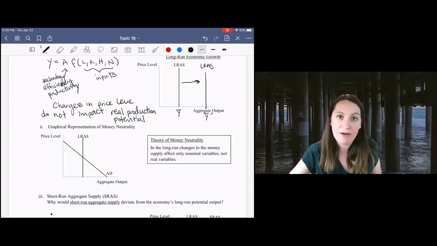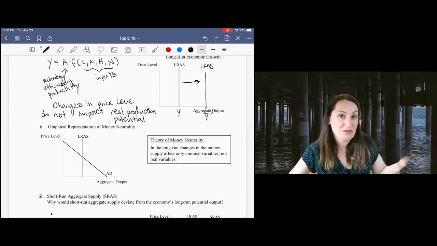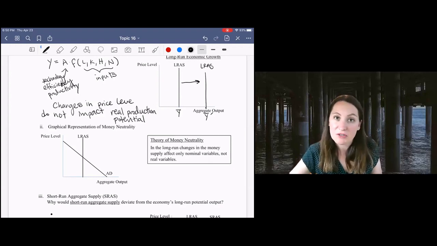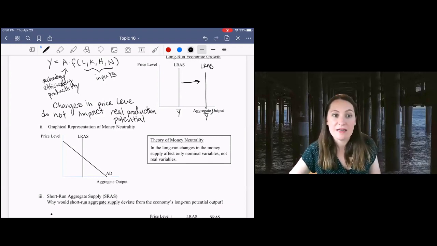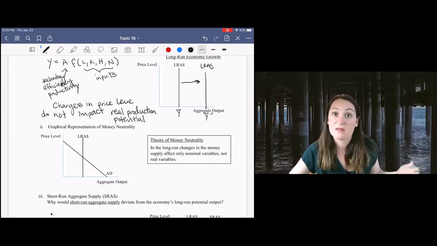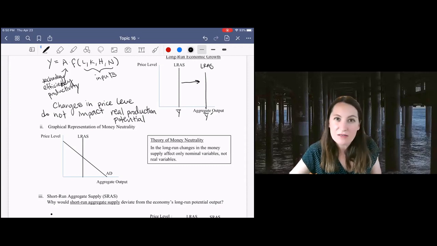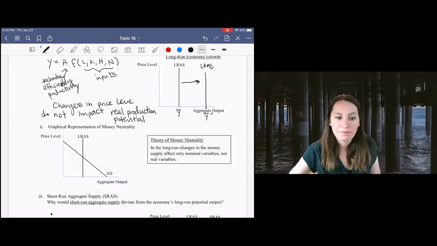And it seems to be a relatively reasonable assumption because, you know, if prices are twice as high, there's not really much reason for me to see a change in output, right? Labor's twice as expensive, sure, but you can get twice as much money in exchange for selling the product. So in real terms, nothing has changed.